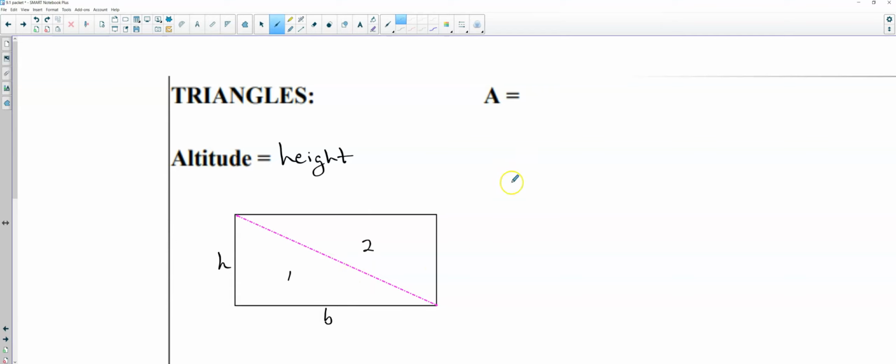So that's where we get the area of the triangle is 1/2 the base times the height. Or you could say that it is base times height divided by 2. These 2 formulas, even though they look a little bit different, are the exact same thing. 1/2 is just cutting it in half, so base times height divided by 2 is cutting it in half as well.